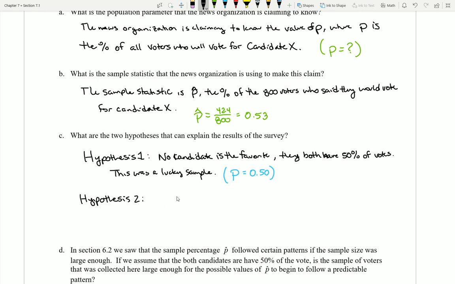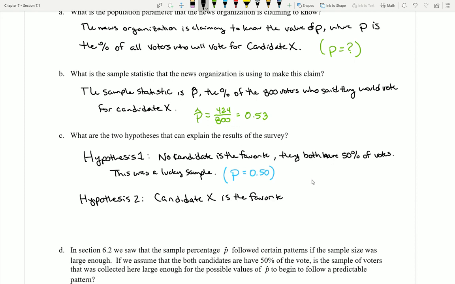Hypothesis number 2. In hypothesis number 2, we could say that the reason that we're getting 53% in our sample is because candidate X is the favorite. That is, this candidate is going to win actually over 50% of the vote, and we can see that in the fact that they're winning over 50% of the vote here.